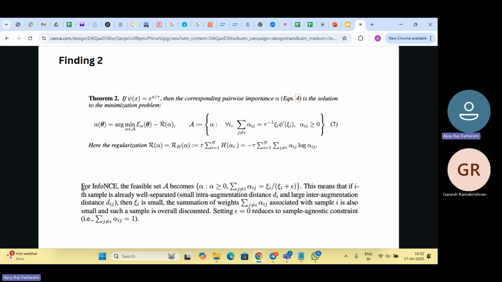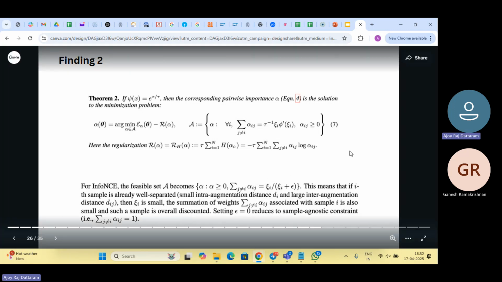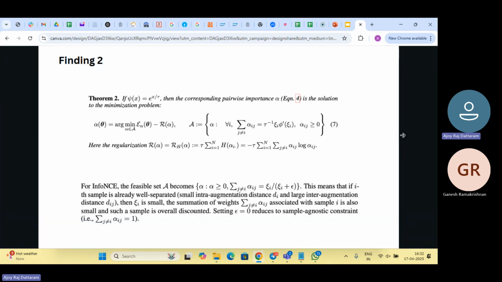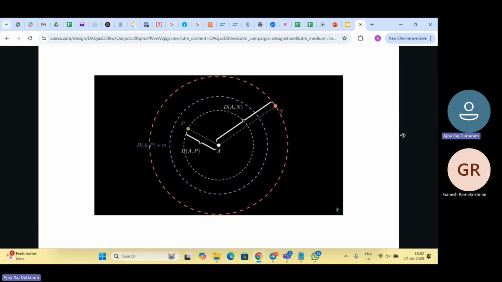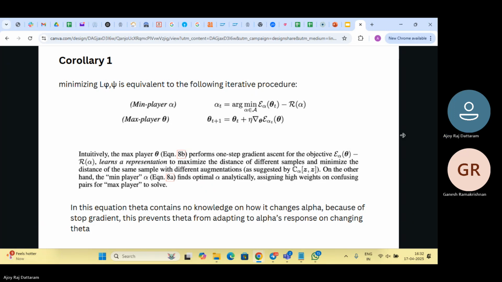In the solution they proposed, the constraint over here was alpha with this, which is a distance function. With this constraint, after a particular value of distance, like I have explained over here, the value of alpha would be so insignificant that we can neglect that sample in the training step itself.